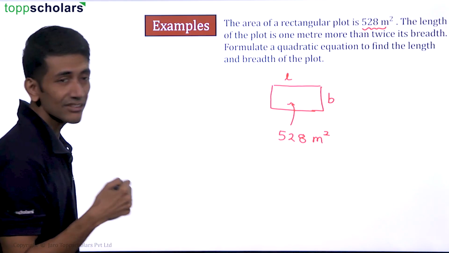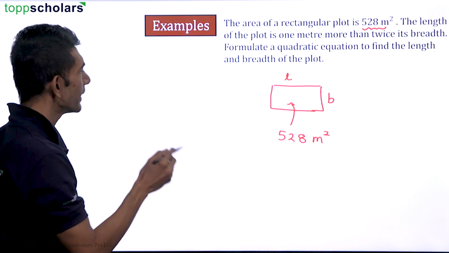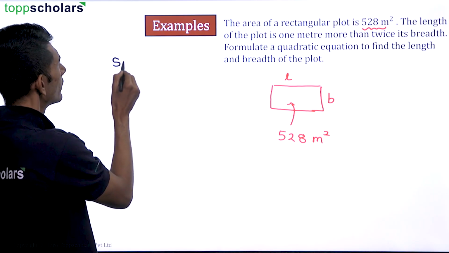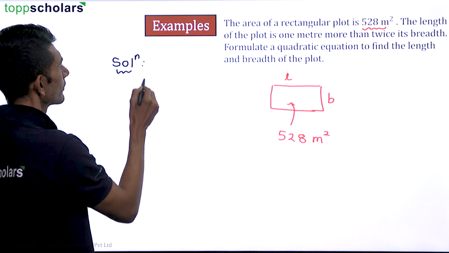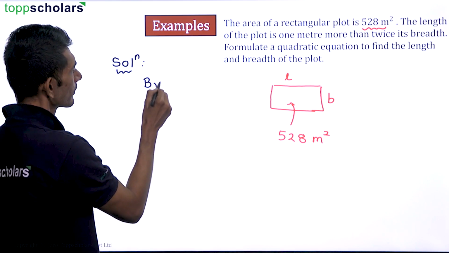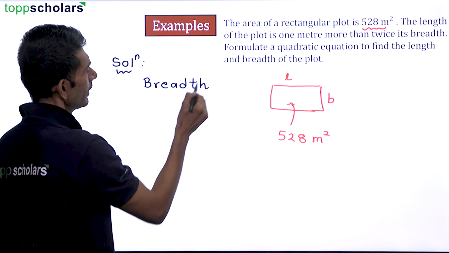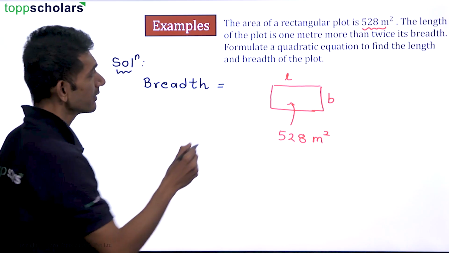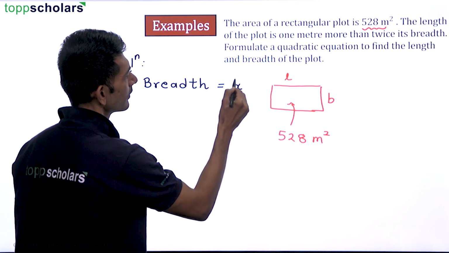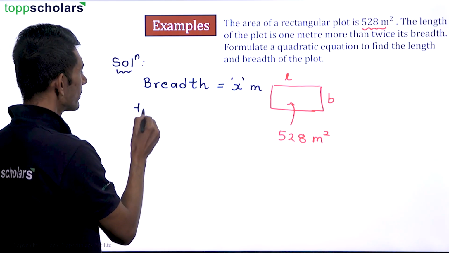So here the length of the plot is 1 meter more than twice its breadth. So if I assume the breadth to be, say, x meters, what will be the length?